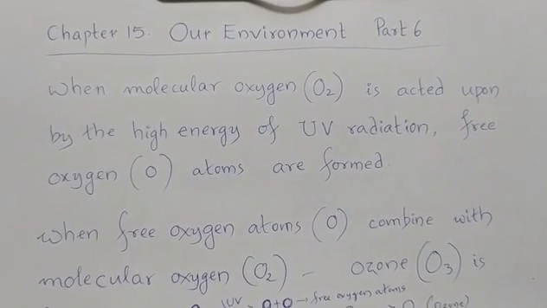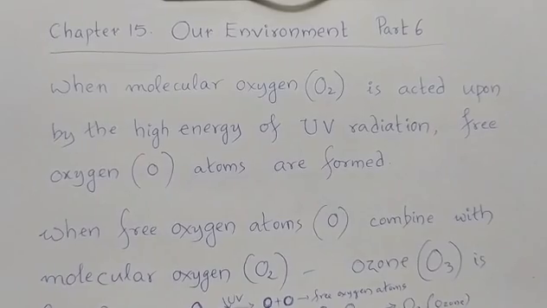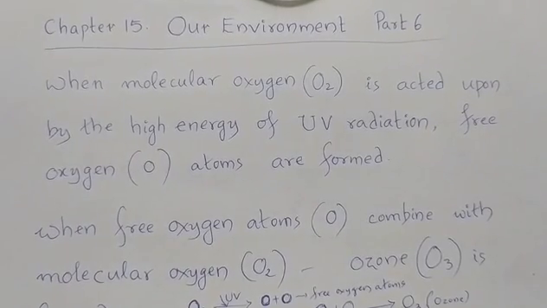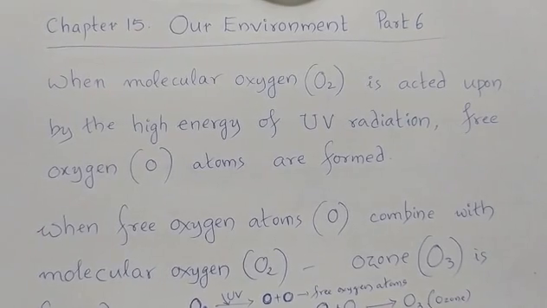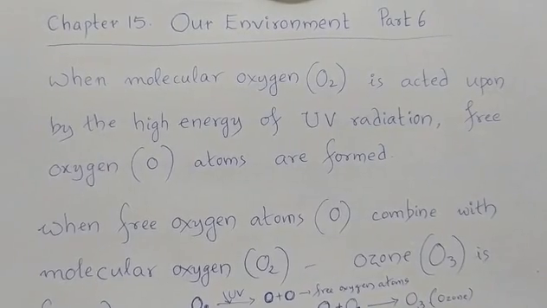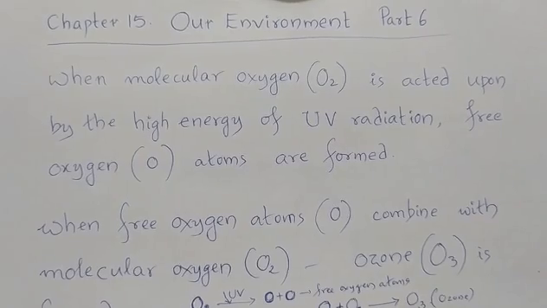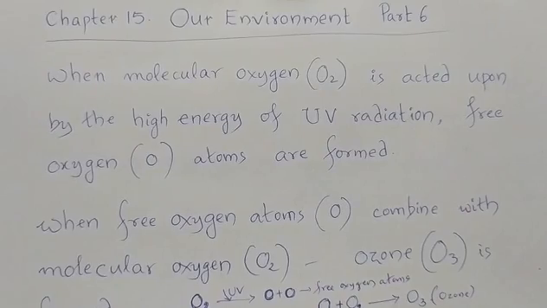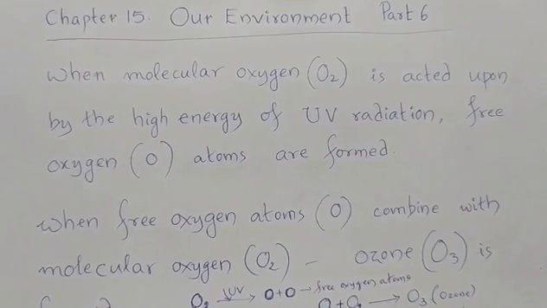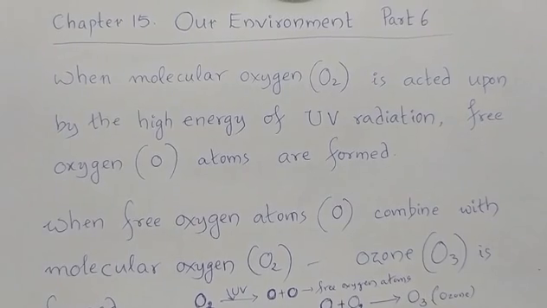Good morning, students. In the last class, we started discussing ozone. How is ozone formed? Ozone is formed by the combining of molecular oxygen with free oxygen atoms. How are these free oxygen atoms formed?